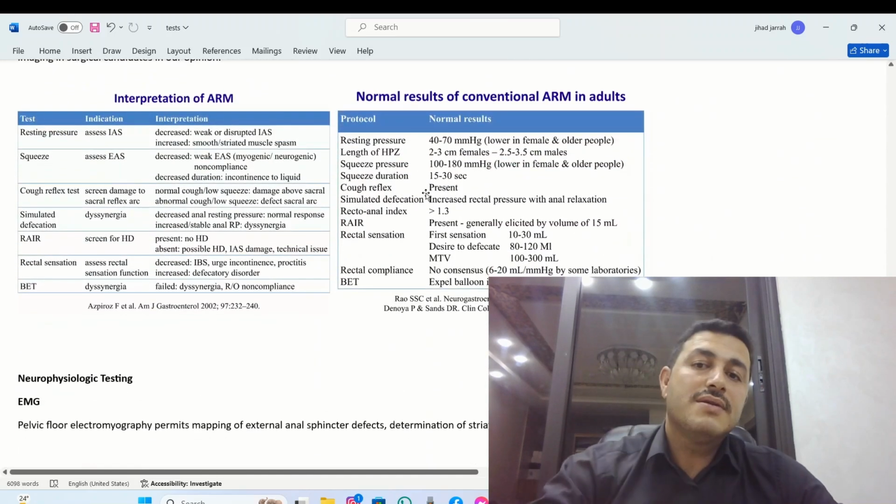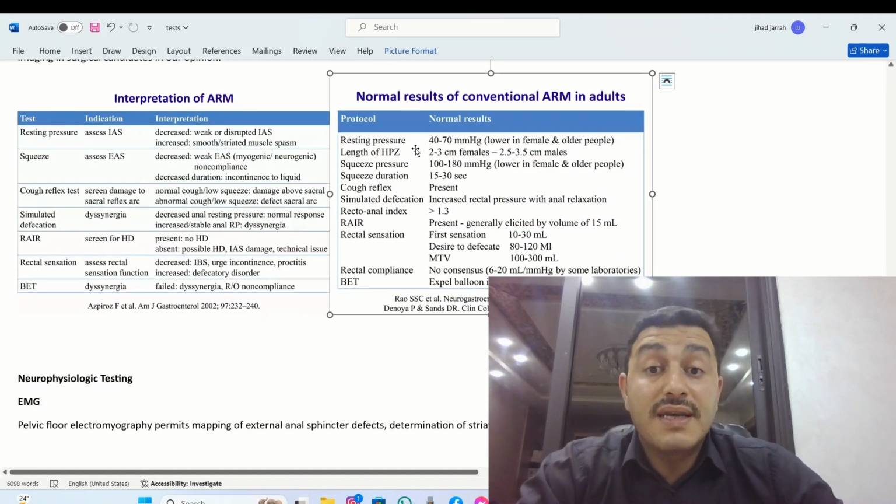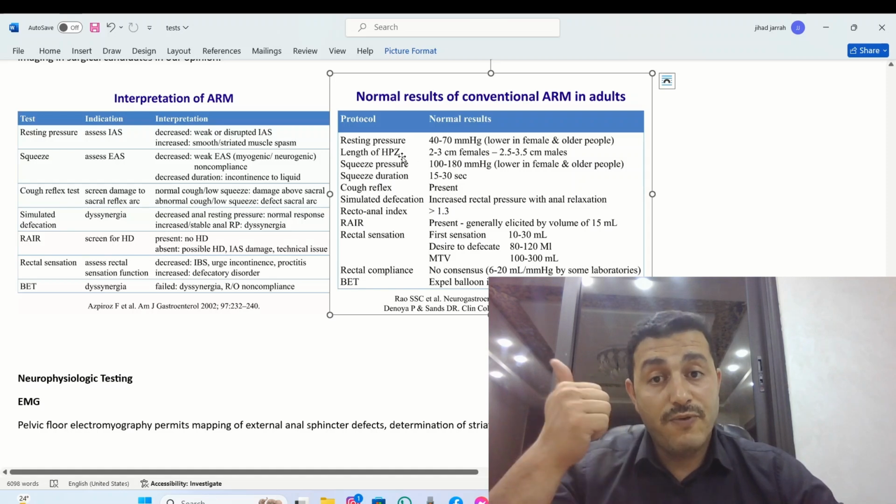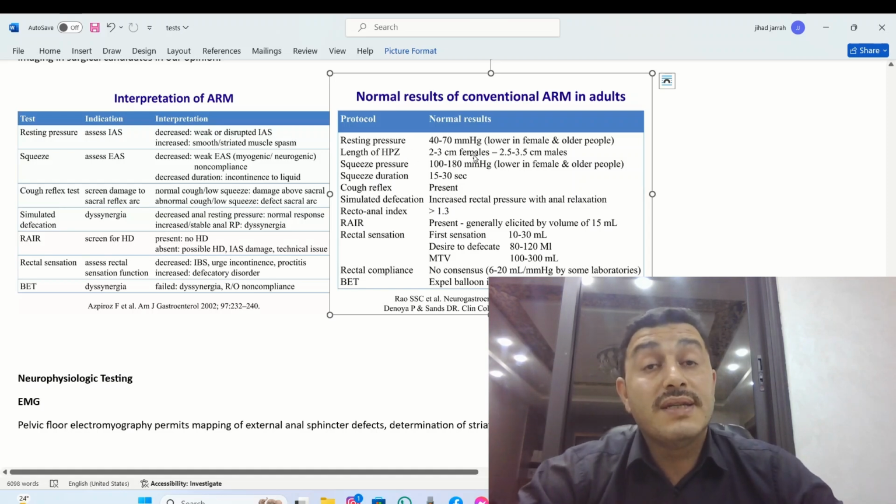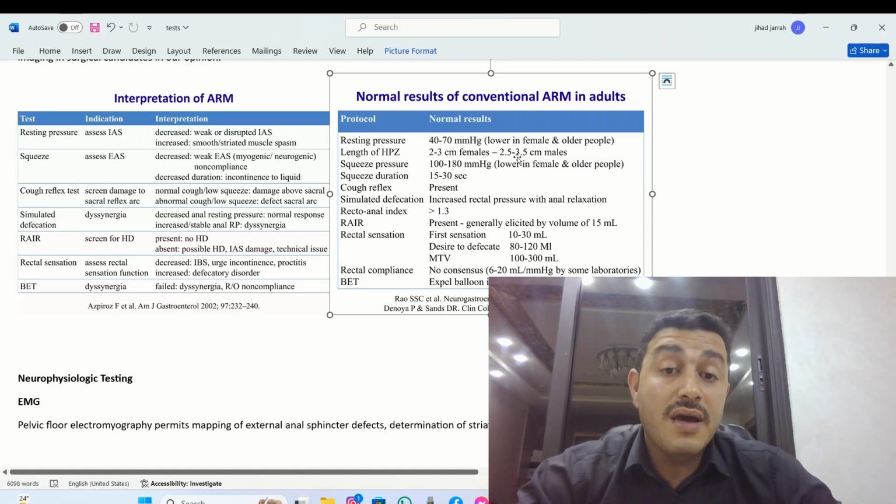Okay, the results, if you are interested: the resting pressure 40 to 70, lower in female and older people. Length of the anal canal 2 to 3 centimeter, this is done at the time of the resting pressure, 2 to 3 centimeter in female and a little bit higher in male, up to 4 to 5 centimeter.